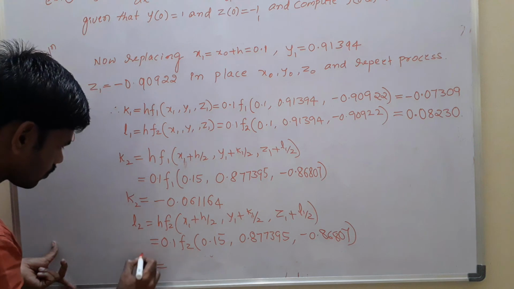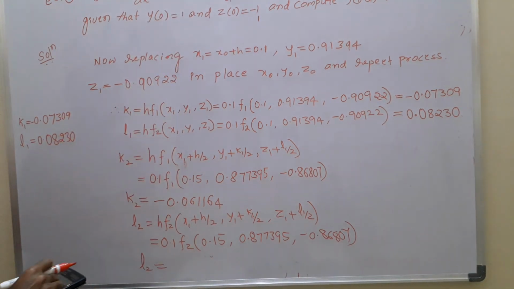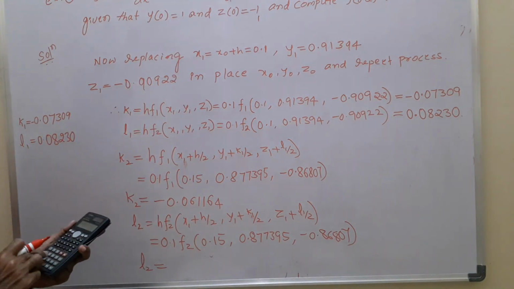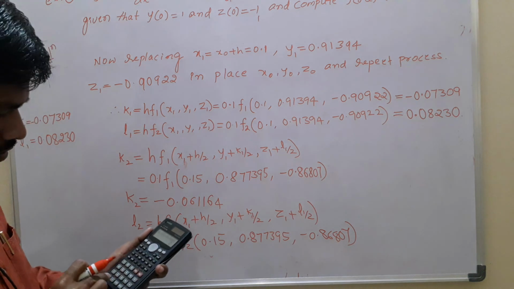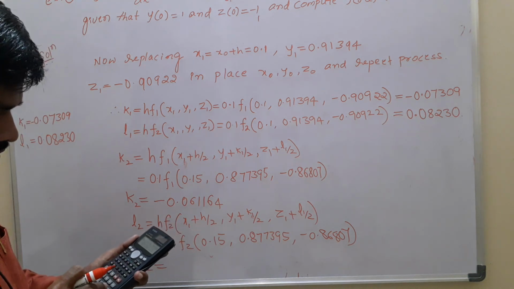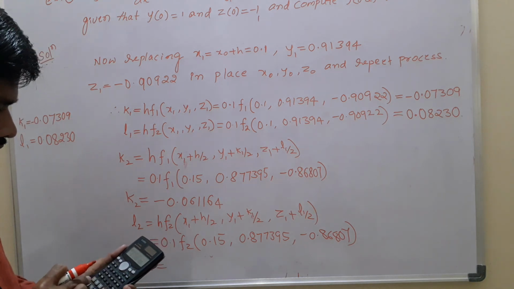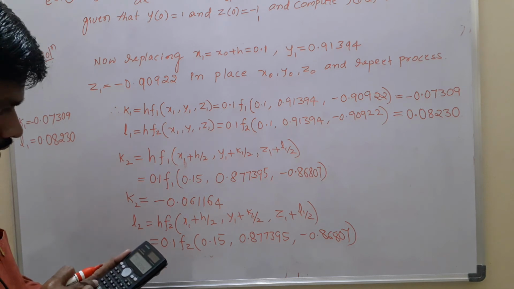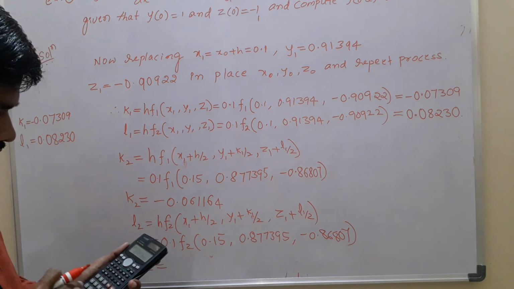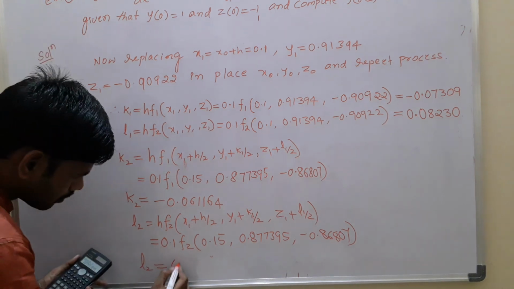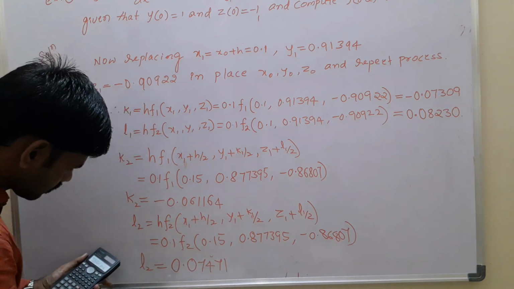So L2 equal to, simplifying that one, the second function xz plus y, that is 0.15 into minus 0.86807 plus y, that is 0.877395, into 0.1, we get 0.074718.